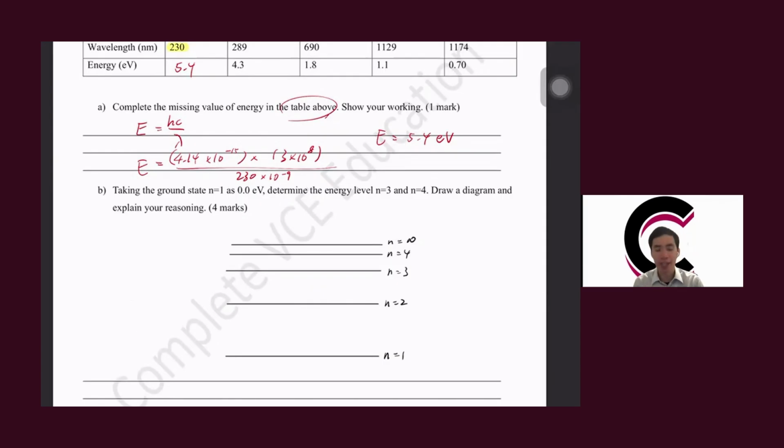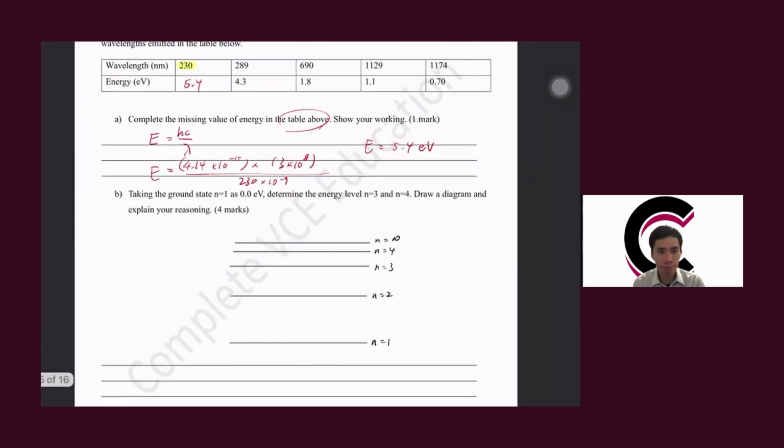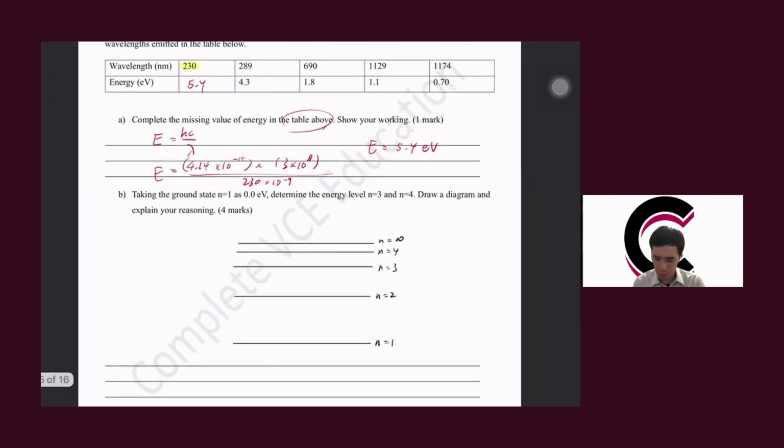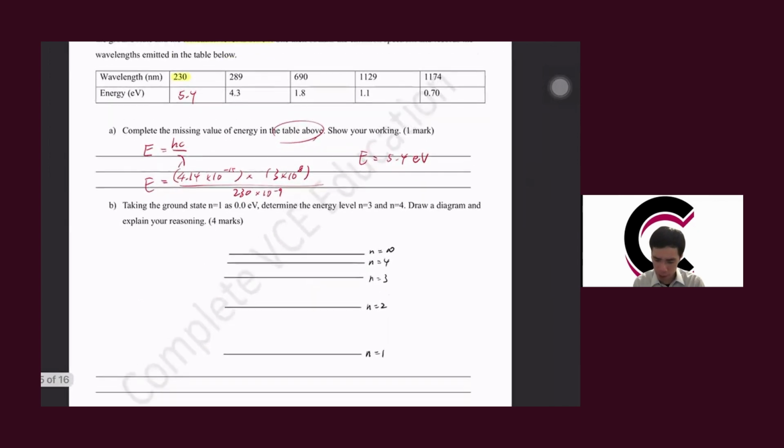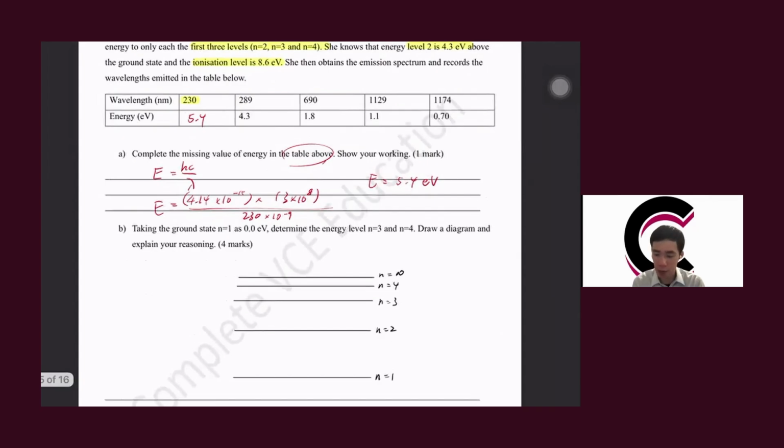And the next thing we're going to draw is the transition lines. We have yet to determine the energy levels for n equals 3 and n equals 4.